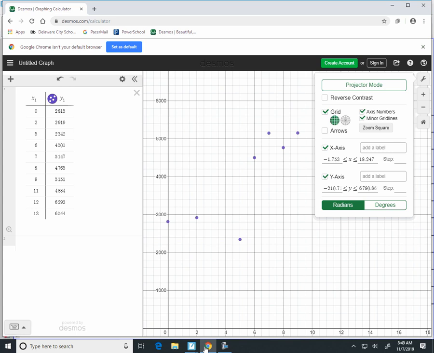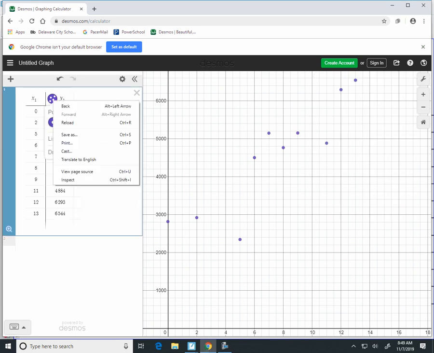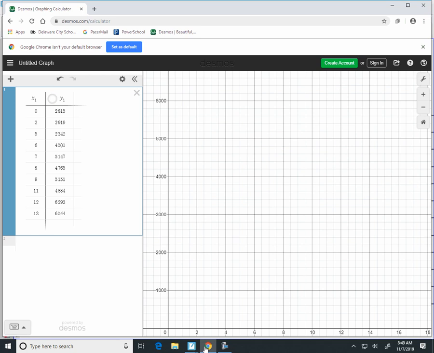Okay, go back to your bench and change your axis to 0 to 20. So up here, if you have zigzags, it's because of this.